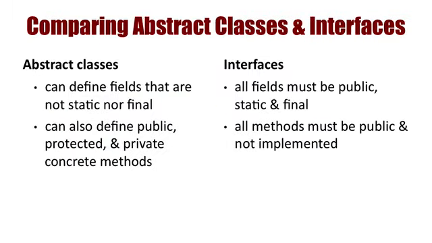For example, abstract classes can define fields that are not static nor final. Likewise, abstract classes can define public, protected, and private concrete methods. In contrast, interfaces can only define public, static, and final fields, and all methods must be public.